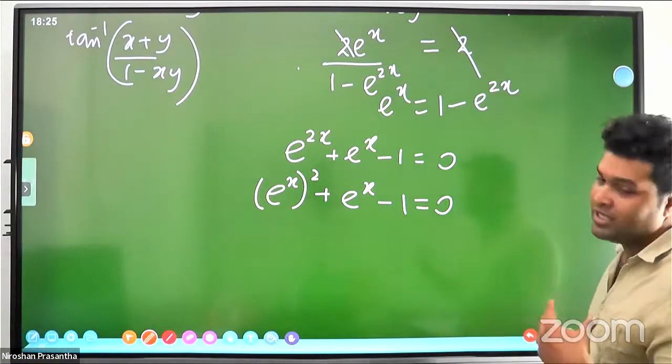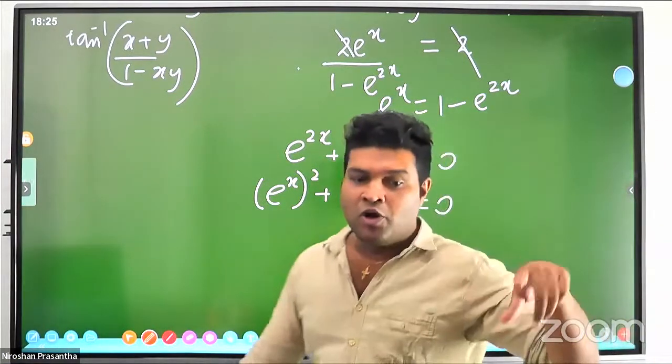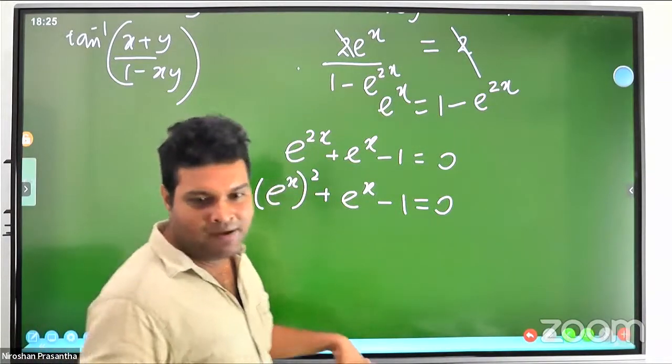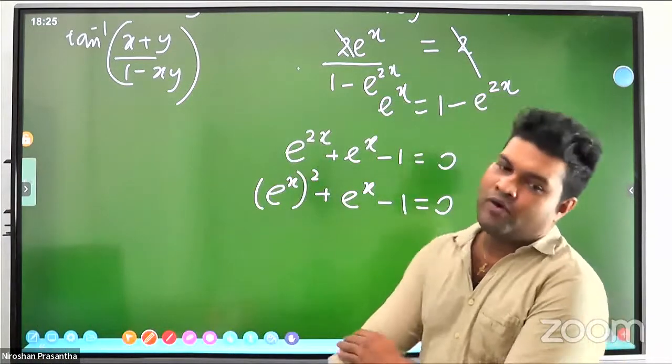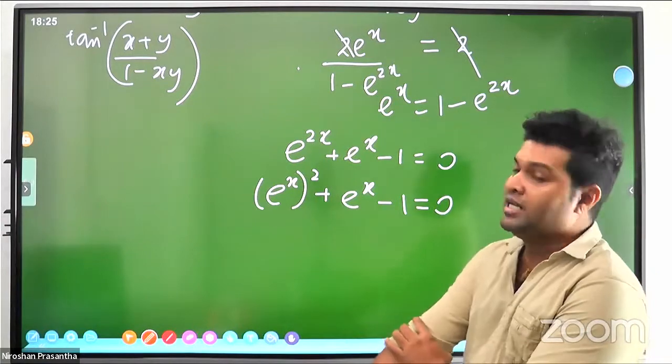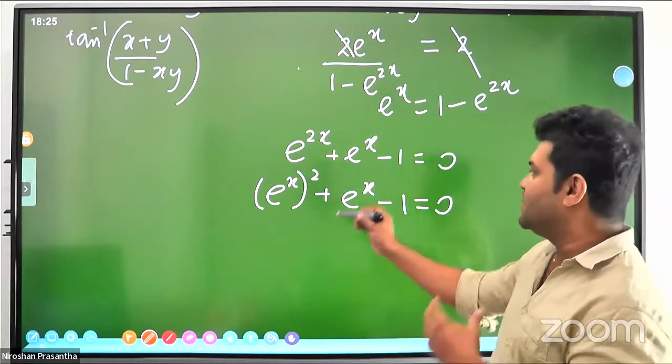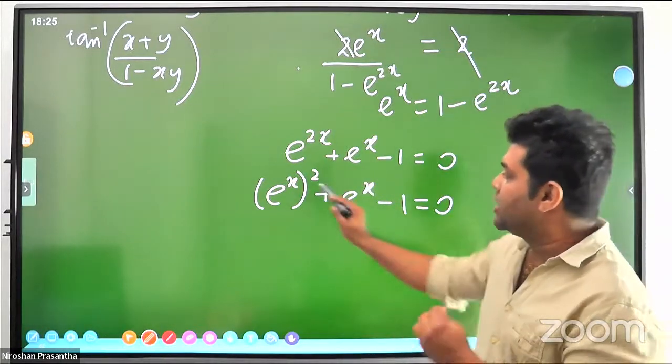Now we got this by means of another method, without a quadratic equation, and you will get the same answer. I just did this method, and you can also follow the other way that I mentioned earlier. Now look at this one. This is a quadratic form in terms of e^x.